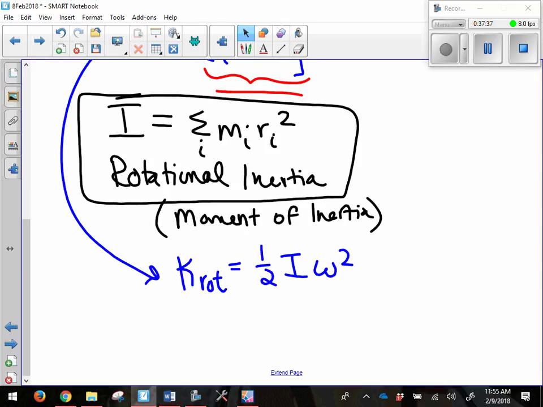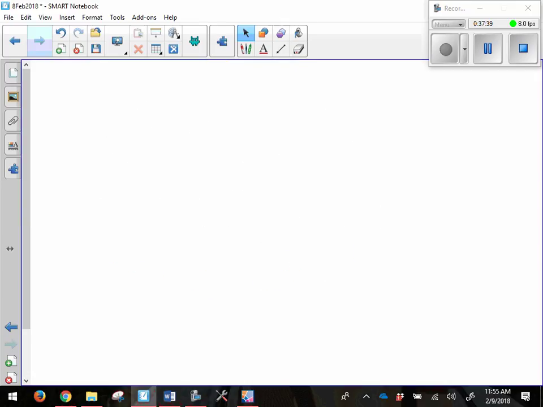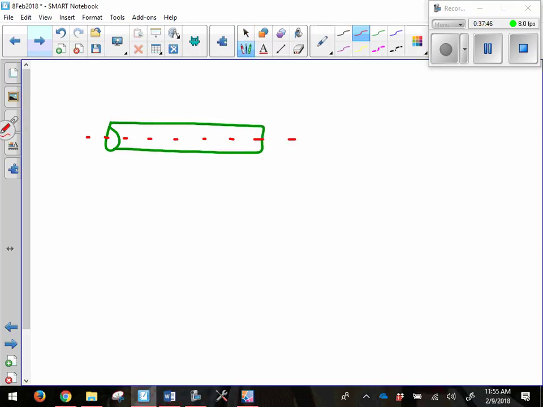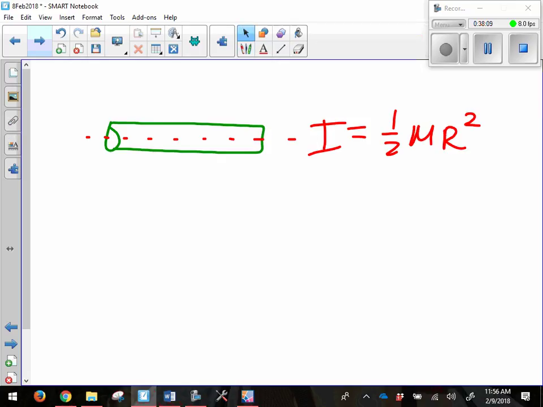So for instance, if I take a rod and I rotate it around its central axis like this, so it's like I'm twisting my pen. Okay, what's I going to be for that from your table? One half mr squared.